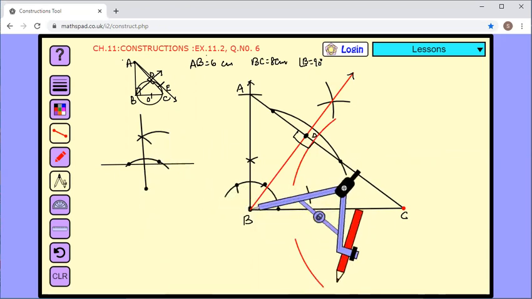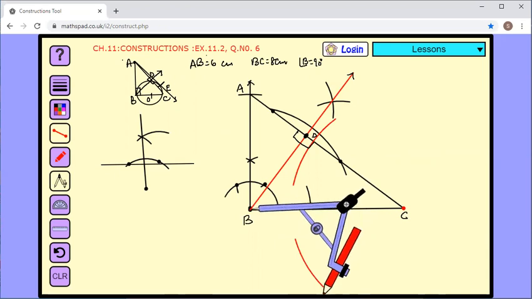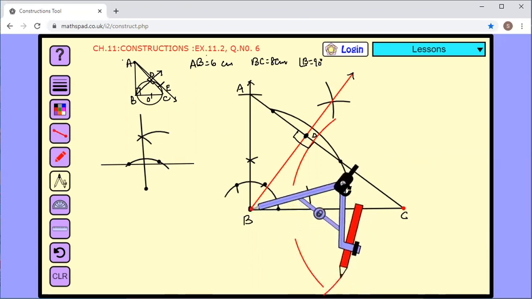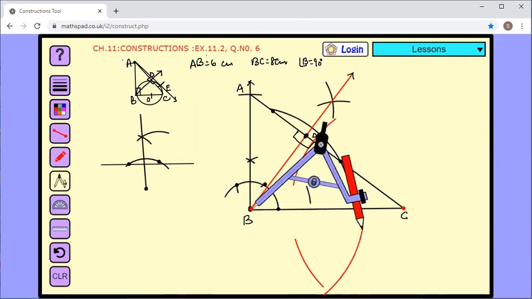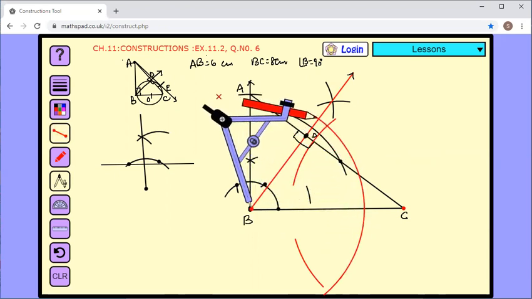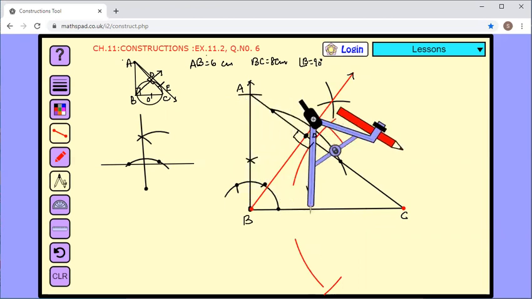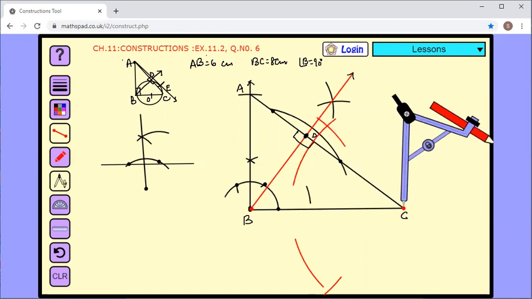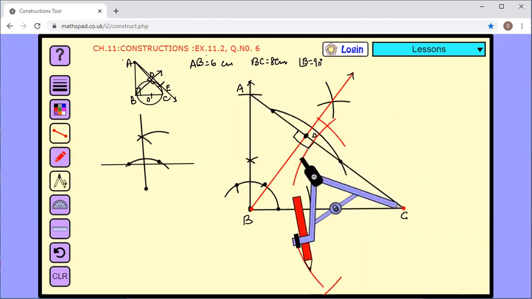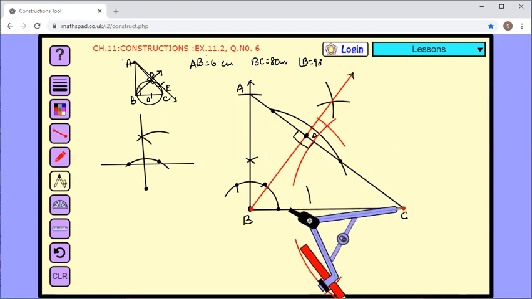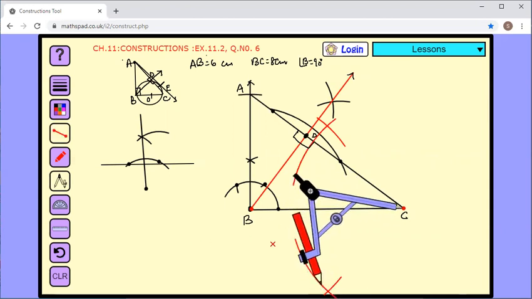And now see where are they intersecting? Getting, children? They are intersecting here. The first arc is intersecting here and the second arc is still not intersecting, so I have to produce the arc here so that the two should intersect. They're intersecting like this.